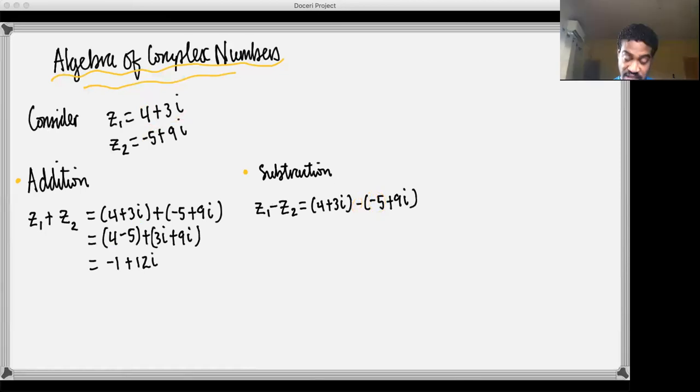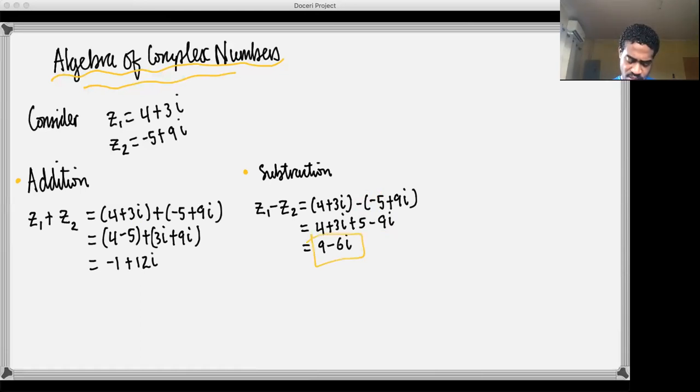So just be careful with that in terms of the multiplication there. So this is what we have here. We could just rewrite this: you add positive 4 to positive 5, and then you have the positive 3i and the negative 9i. So we could just rewrite that as this here, and that will be the final answer.